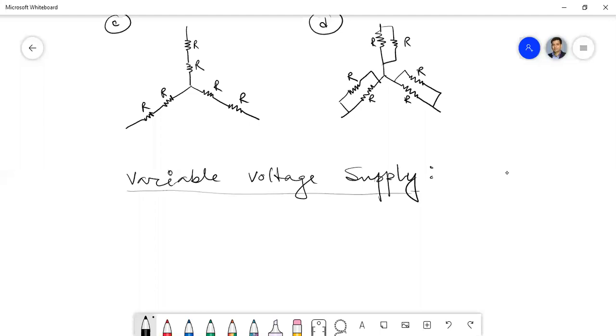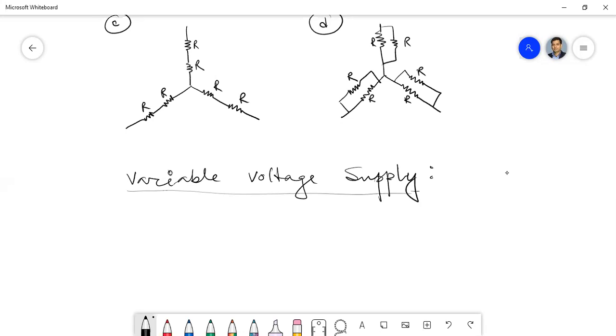Now that dedicated voltage supply can be a generator itself, where you can vary the output of the generator, or maybe a transformer having taps at the output, by changing which you can vary the output voltage.